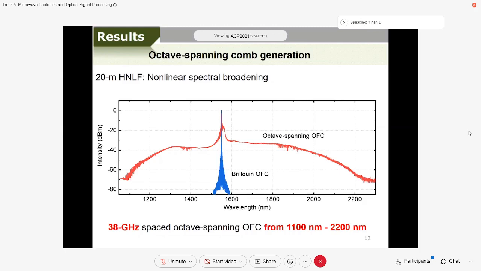Is the repetition rate tunable in this method? The repetition rate in our method depends on the wavelength interval of the square microcavity laser. So in my presentation today, the repetition rate is fixed.